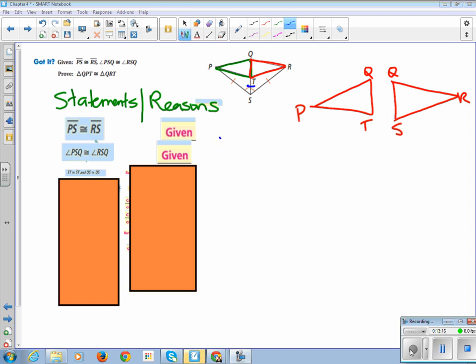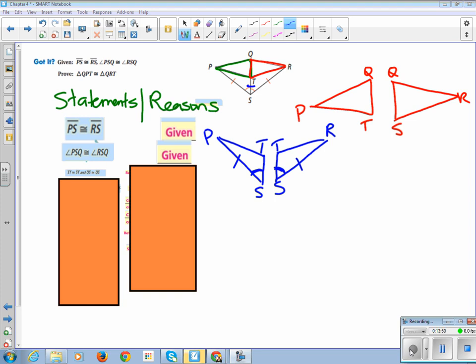So right now we're looking at these two triangles here. So we said that PS and RS, we've said that angle PSQ, which is this guy here, is congruent to RSQ.